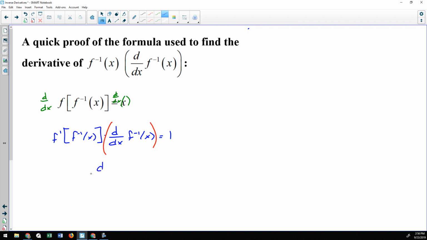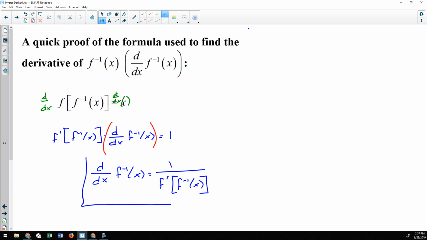So my final answer, and this is the proof, the formula we will use for the derivative of f inverse of x is 1 over f prime of f inverse of x. And that is what you would be better off just remembering. Because if you don't remember that, then you have to work through this proof to generate it every time, although it is just a two-step proof.